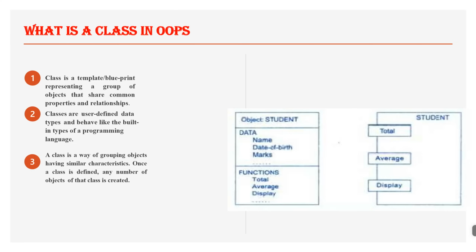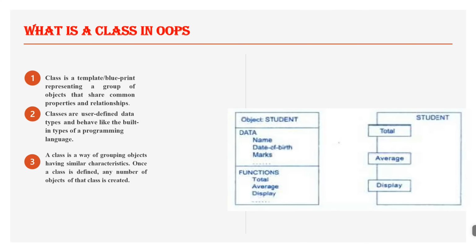Okay, so class is nothing but a blueprint or a template representing a group of objects that share common properties and relationship. For the last part of the sentence I have to give an example. It represents a group of objects. That means the moment I declare a class, say student, I will declare student as a data type.